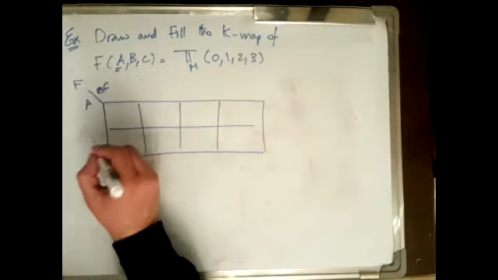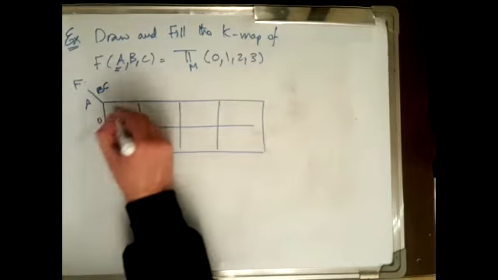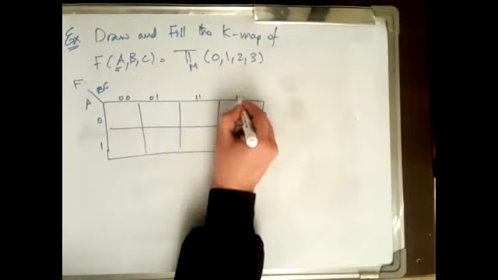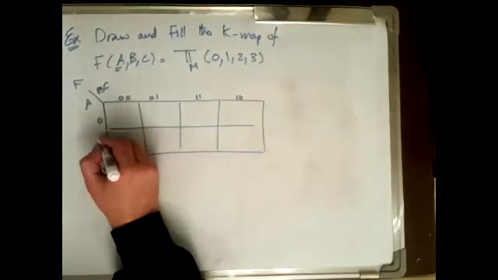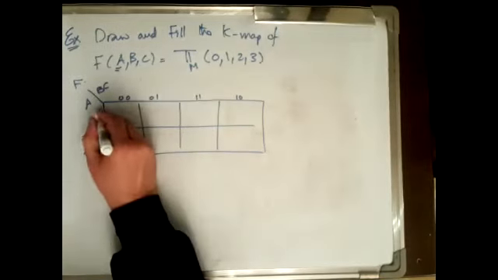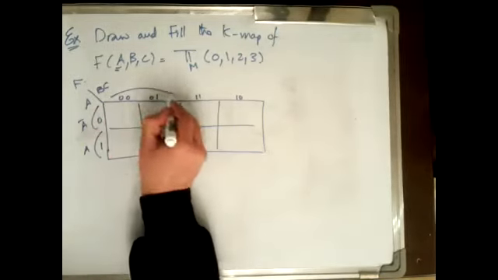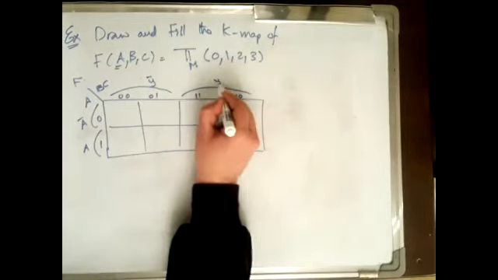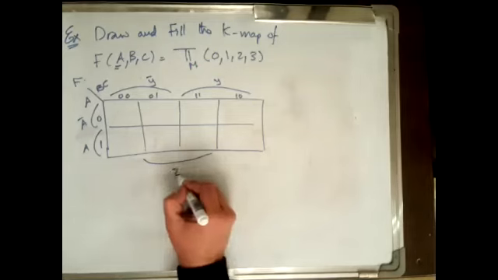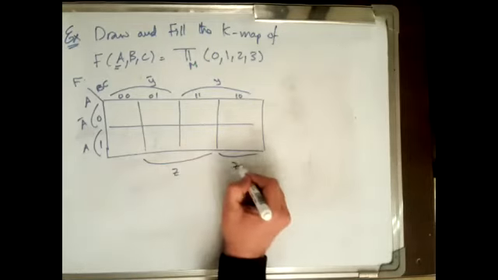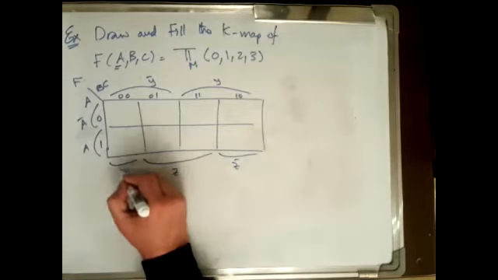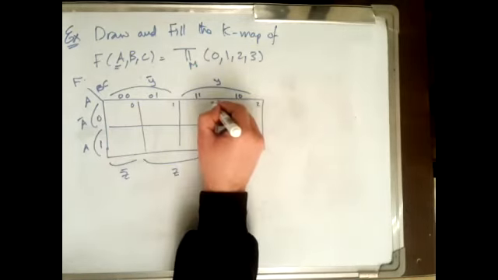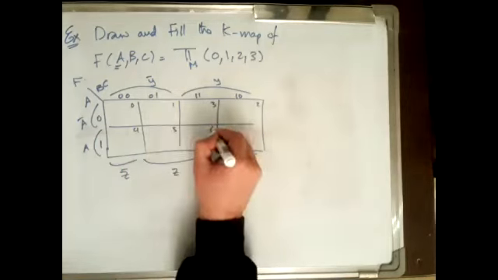Based on this assignment, this is A, this is A bar. Y is not changing here, so it is Y bar. This is Y. Here Z is not changing, so it is Z, Z bar, Z bar. So 0, 1, 2, 3, 4, 5, 6, or 7.